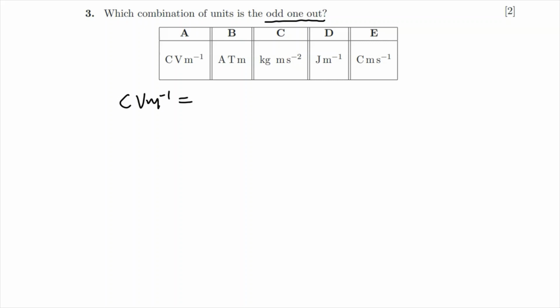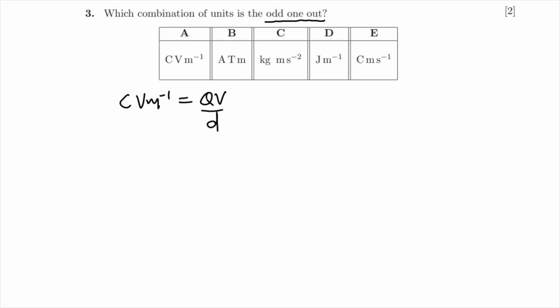So we have charge, potential difference, and over some length, some distance, some displacement, something like this. Now it's not immediately obvious to me what this quantity would equal, so let me just do a bit more maths. So I need to sort of work out what the relationship is between Q and V and D.